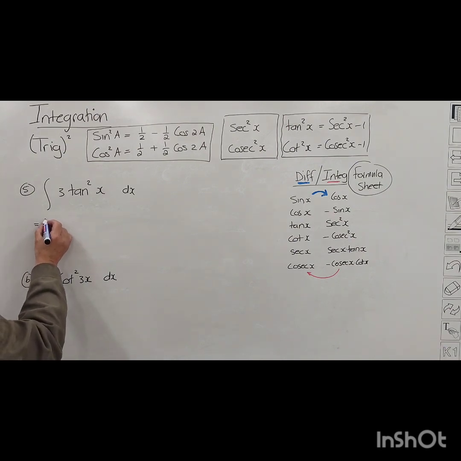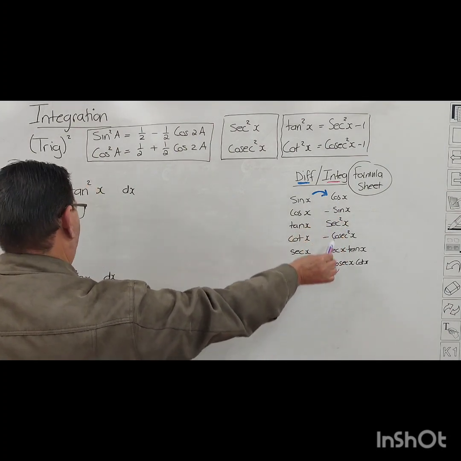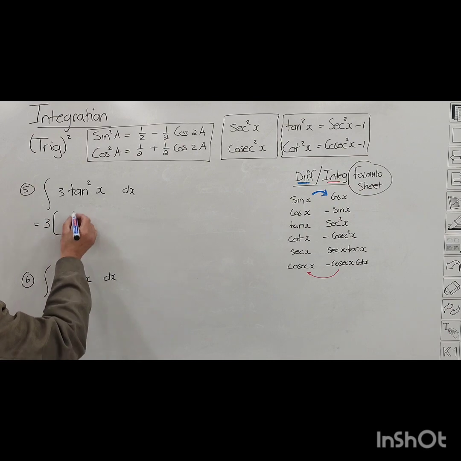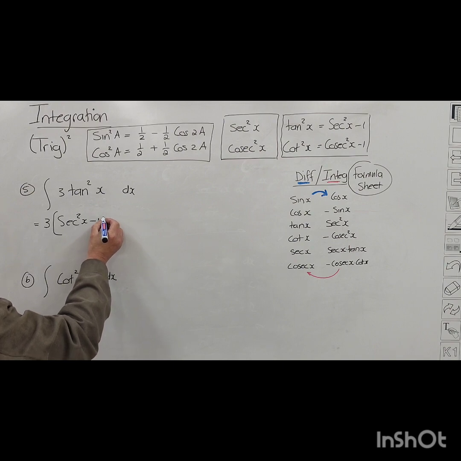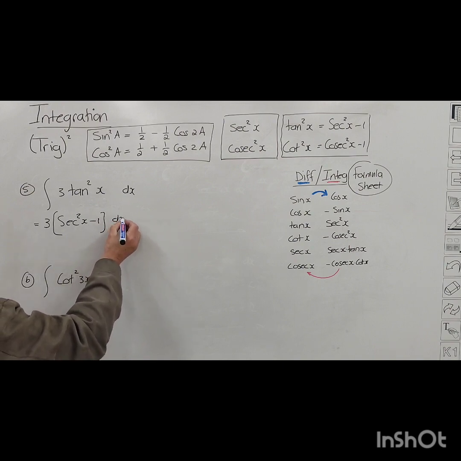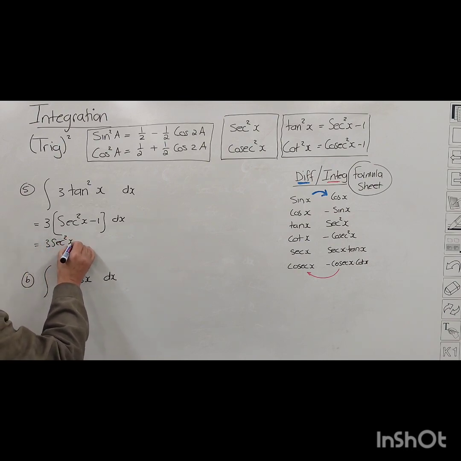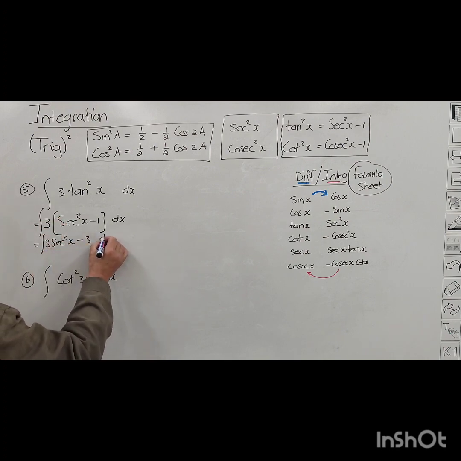So I'm first going to rewrite, because there is no tan square or cot square on my formula sheet. So I'm going to rewrite tan square as sec square x minus 1, like this, with reference to dx. Then I can multiply this value in, 3 sec square x minus 3. And this is what I'm going to integrate now.